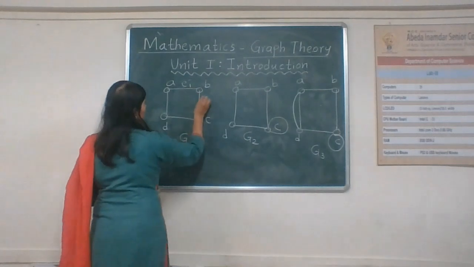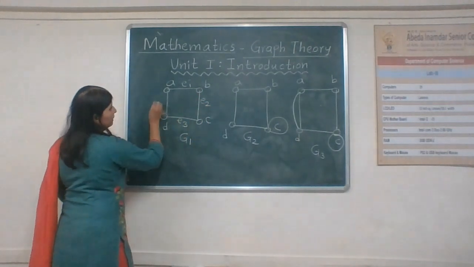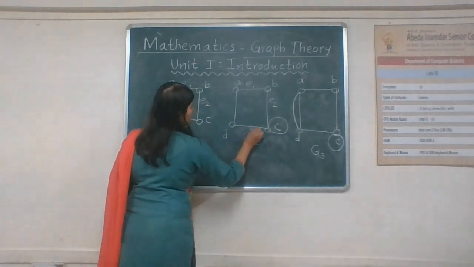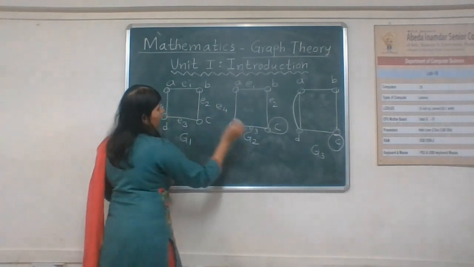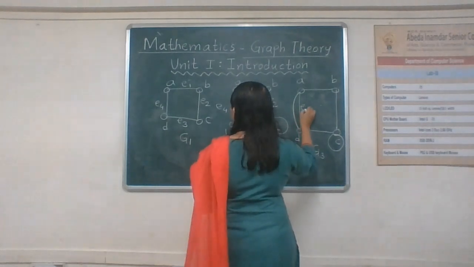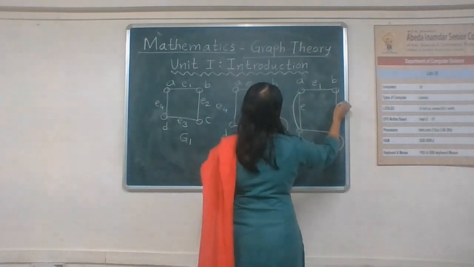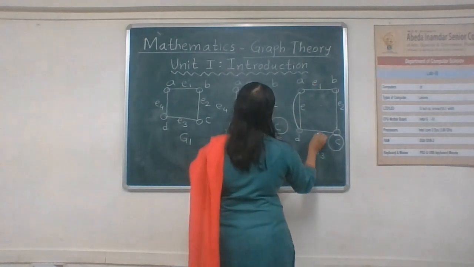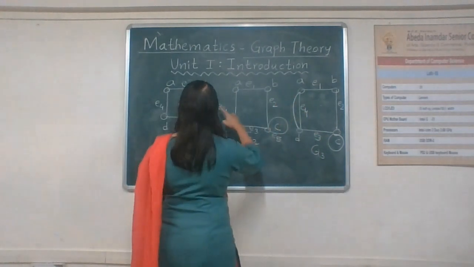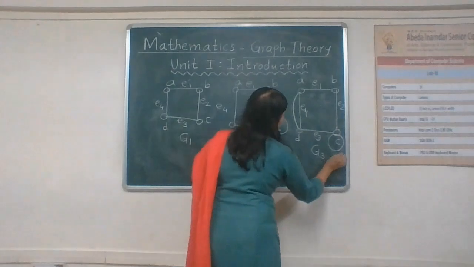Suppose this is E1, E2, E3, E4. This is E5. Then the loop here is E5.